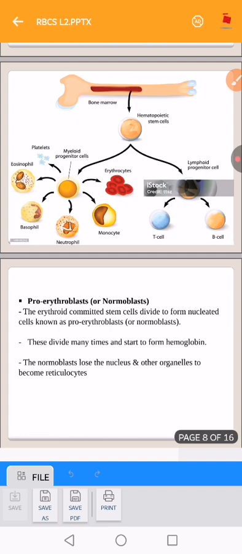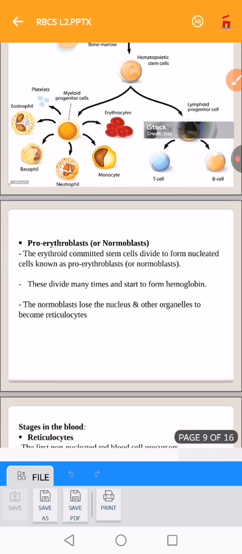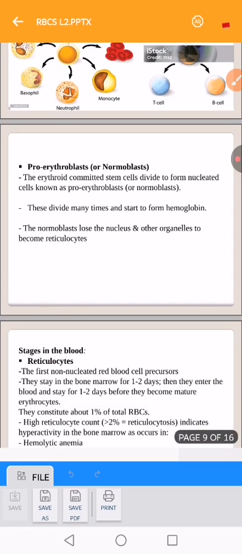If you find a question like that, when the RBCs start to lose the nucleus and gain hemoglobin, it's in the normoblast stage in the bone marrow. After the normoblast loses the nucleus and starts to form hemoglobin, it is called a reticulocyte.